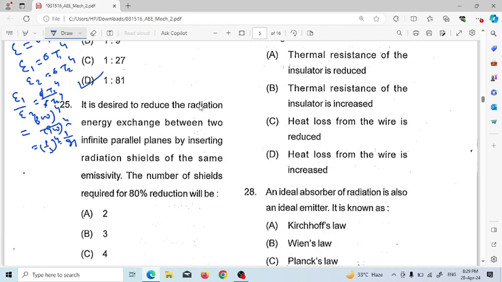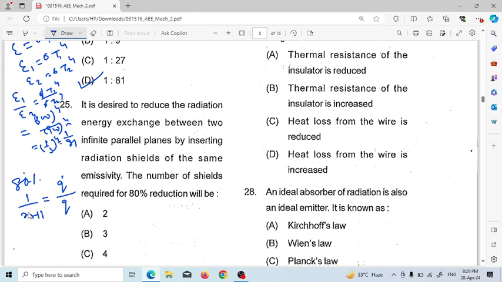Next, it is desired to reduce the radiation energy exchange between two infinite parallel planes by inserting a radiation shield of same emissivity. The number of shields required for 80% reduction. So for 80% reduction, we know the formula 1 by n plus 1 is equal to the percentage we try to reduce divided by what is present heat radiation.